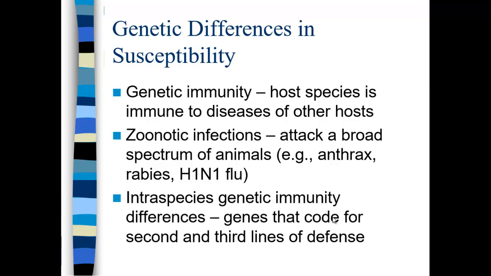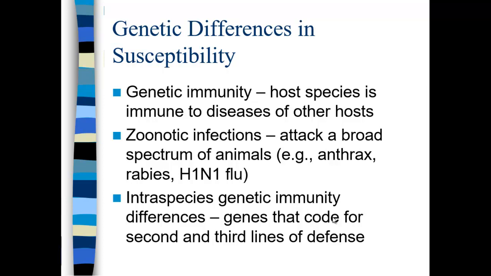Okay, but there are interspecies genetic immunity differences. There are genes that code for the second and third line defense, and those then protect the body. So humans are not getting animal diseases. Humans don't get distemper from dogs. They don't get feline leukemia from cats because genetically we're different.